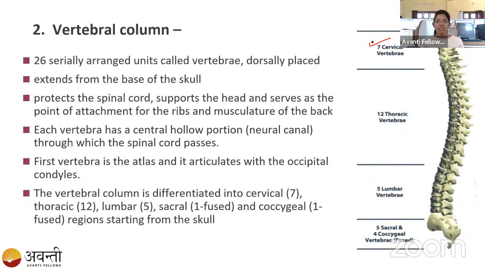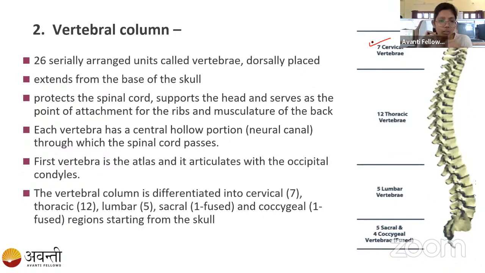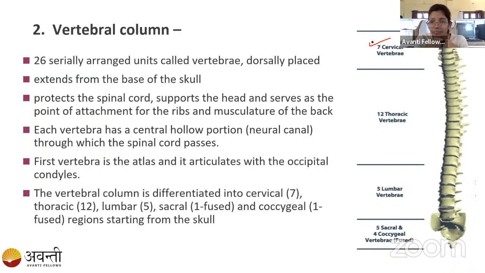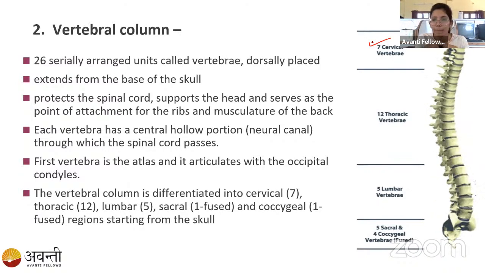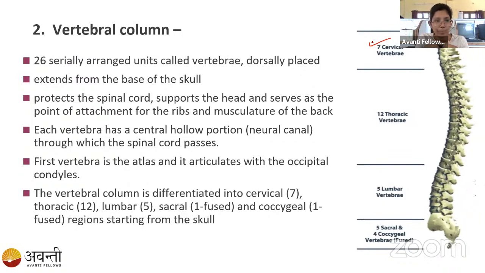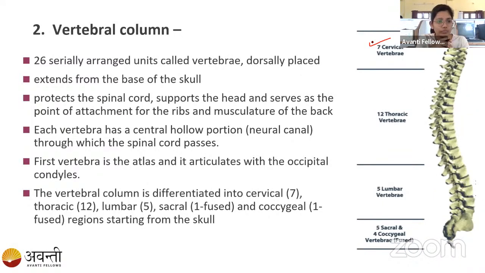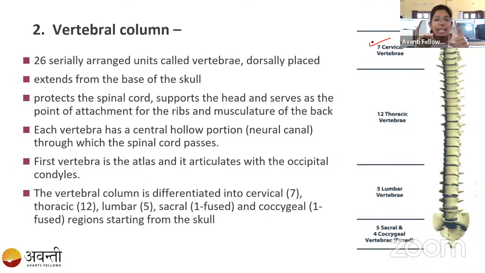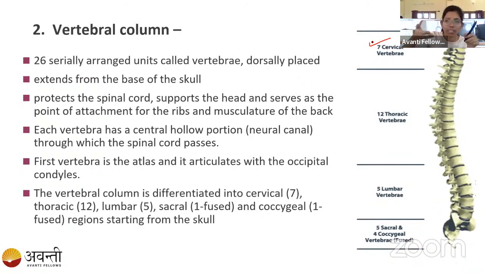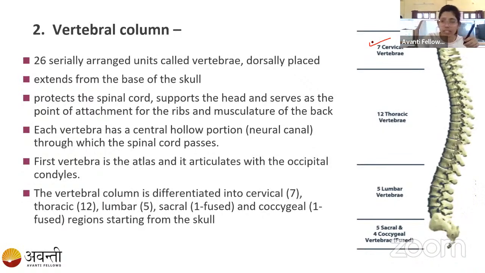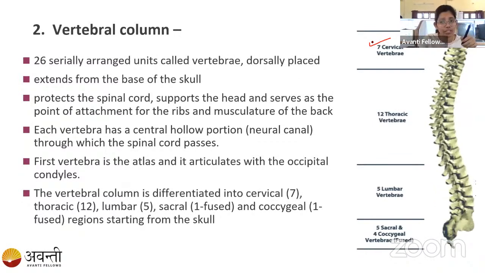Now tell me, do you know the word thoracic region? Yes. The thoracic region is where our lungs are present, above the abdomen. That is called the thoracic region, the chest cavity.